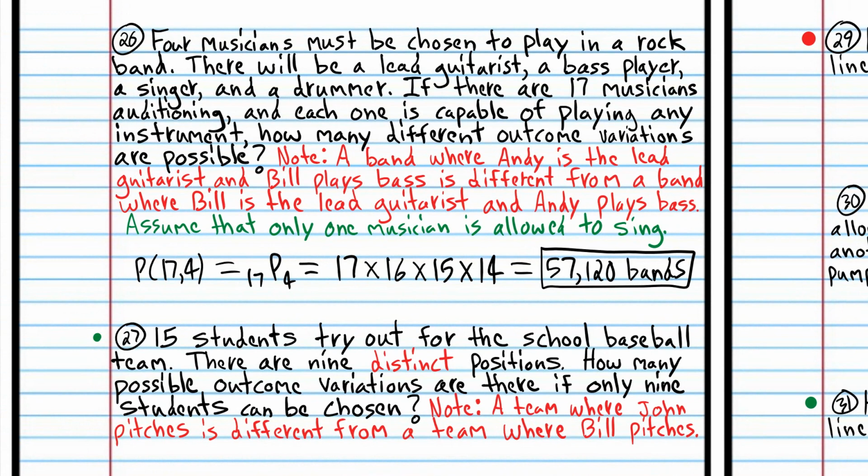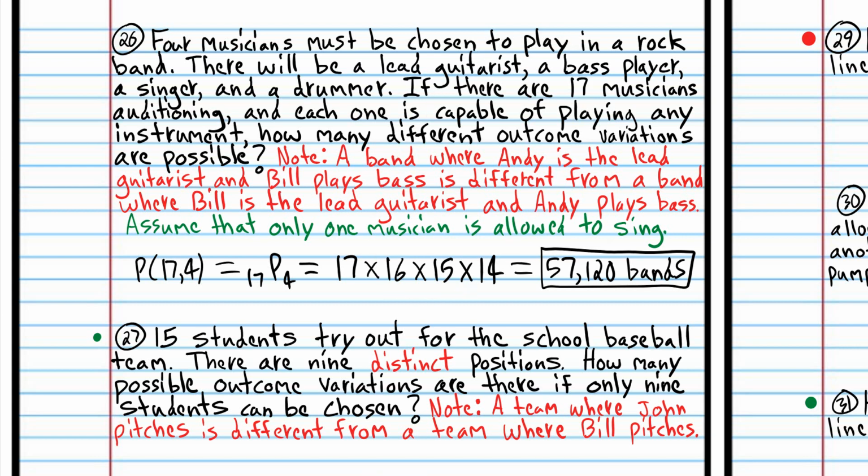So again, this counts all the different permutations. So if Andy is the lead guitarist and Bill is the bass player and Jeff is the drummer and Alan is the singer, you can then take those musicians and rearrange them and have them play different parts. That would be a different band according to this problem.